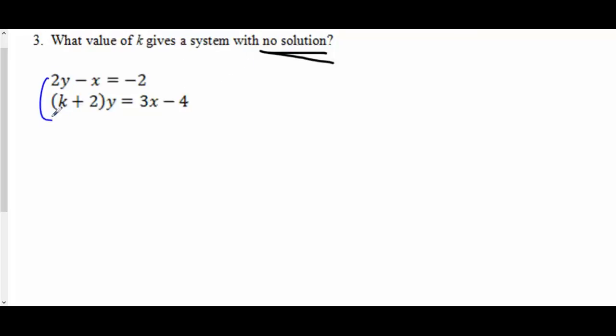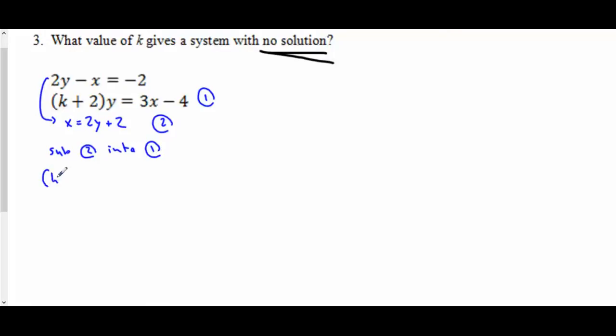So first I'm going to start by rearranging this equation here for x, because that would be the easier thing to do. So I'll have x equals 2y plus 2. Let's call this equation 1 and this equation 2, and then sub 2 into 1.